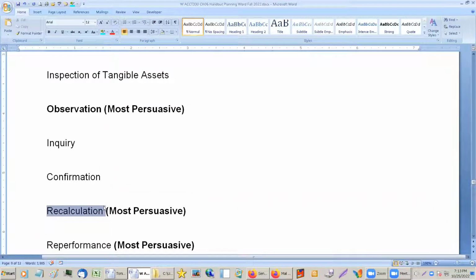Confirmations, a lot of times, are with third parties.